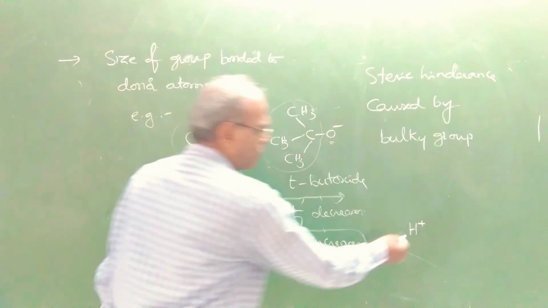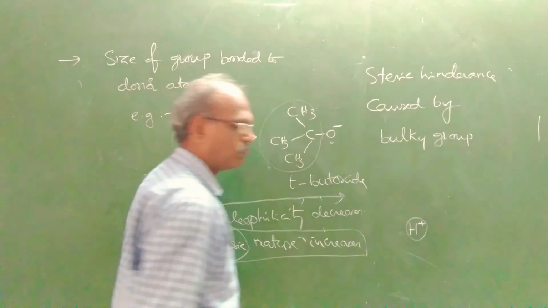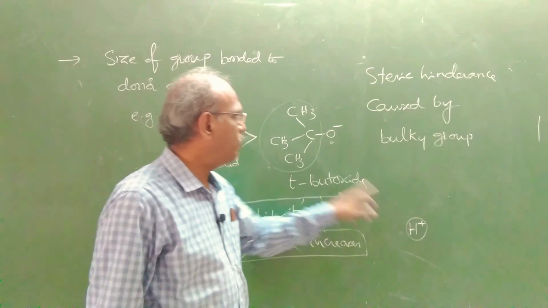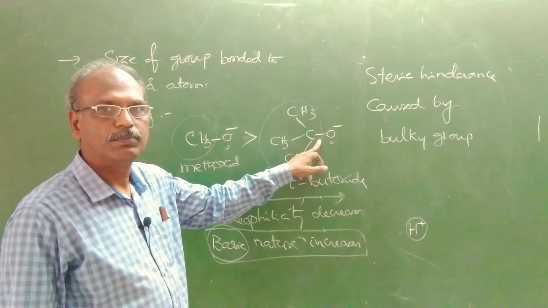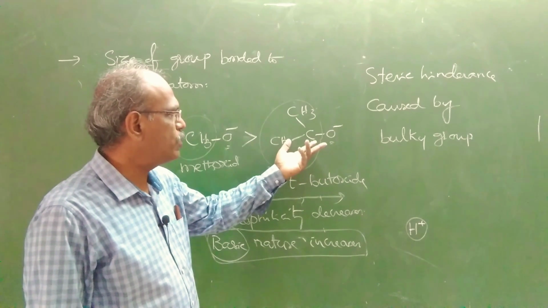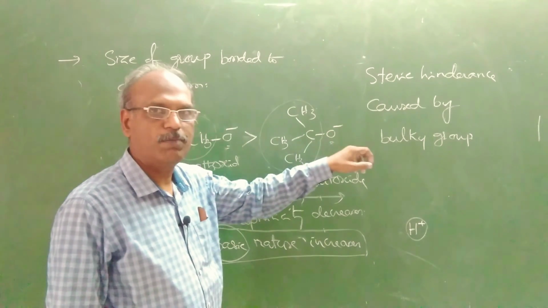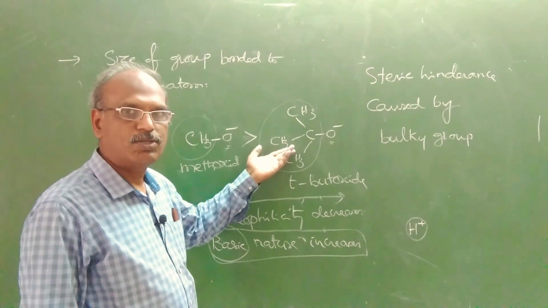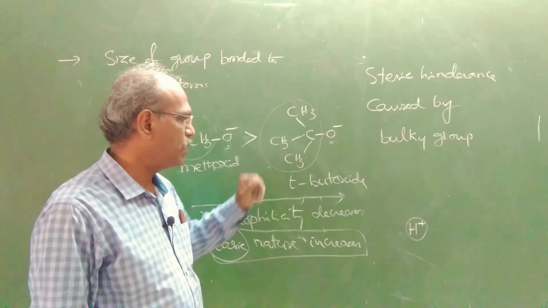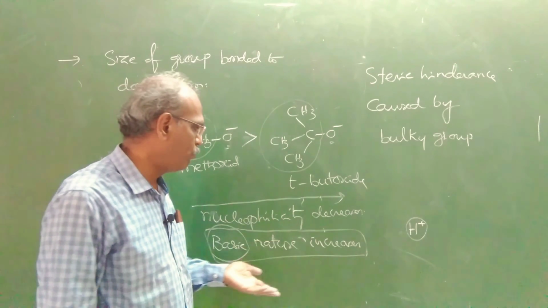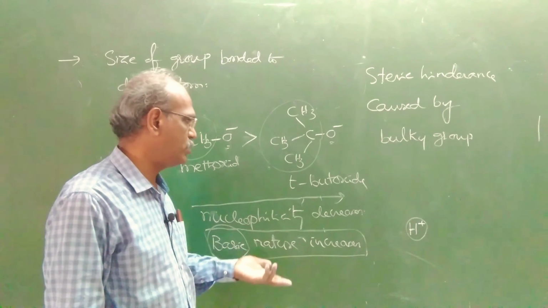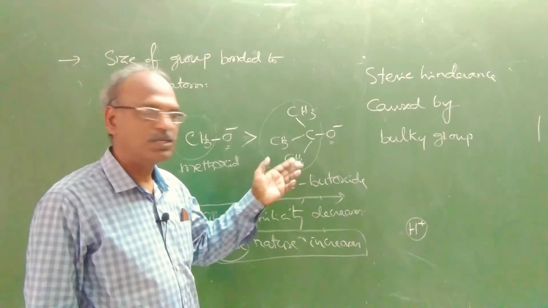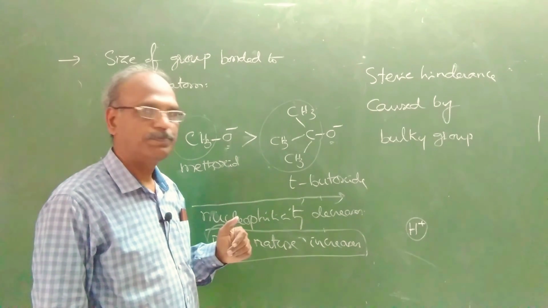H plus is the smallest ion, so it can easily approach this one, meaning it can easily give up its electron pair. So naturally this is stronger because of this group. But in the case of other nucleophilic electron deficient centers, because of the steric problem, it cannot easily donate the electron pair.